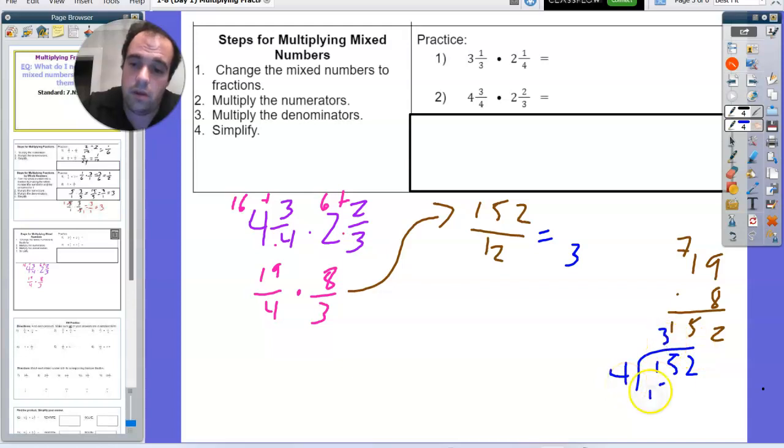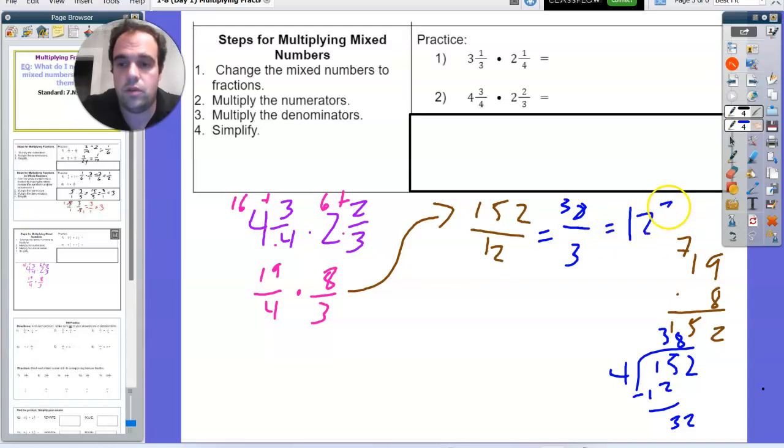That's going to be 3. That's 12, 32. So I should get 38 over 3 as a final answer, which would be 12 2/3.